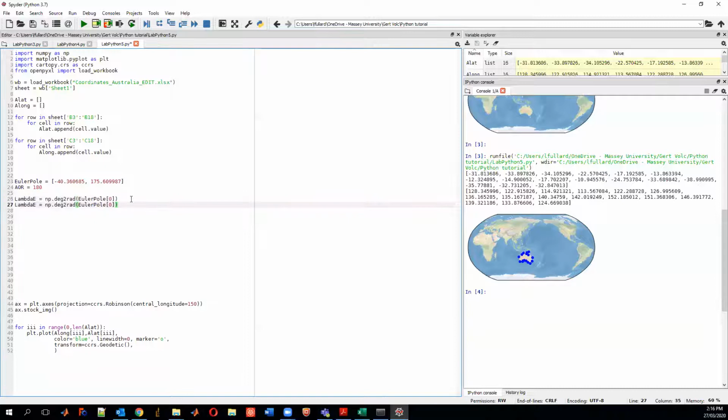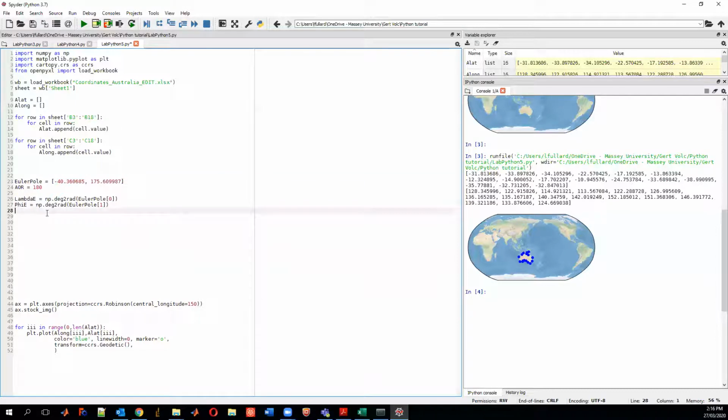Well, I should do the same for the longitude. I was calling this phi. So the longitude in radians is given by the entry in position 1 of Euler pole. This entry here is our longitude, and I'm converting it to radians.